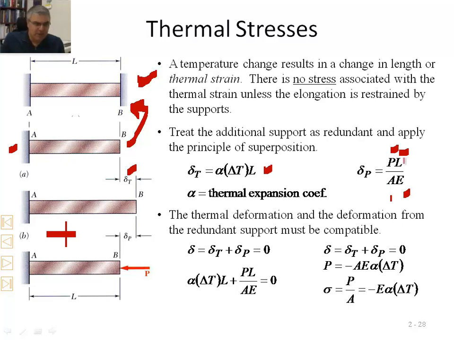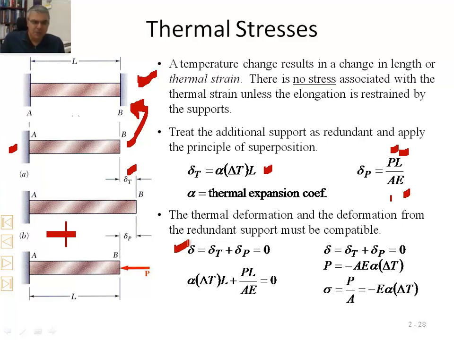A is the cross-sectional area, L is the length of the member, and P is the force. Having these two equations, delta T is due to thermal expansion, and delta P is due to force P. So the total elongation of this member, using the principles of superposition, is simply delta T plus delta P.